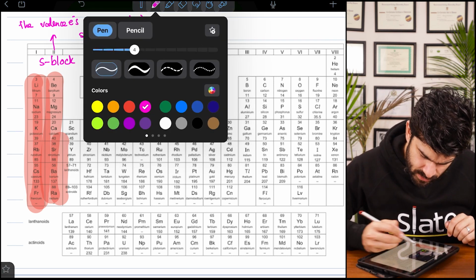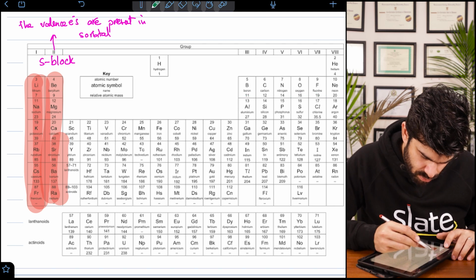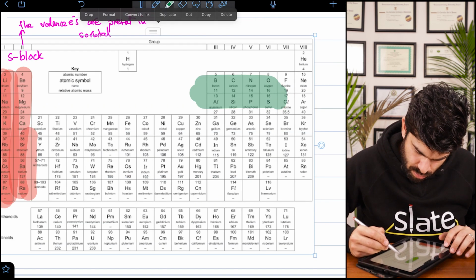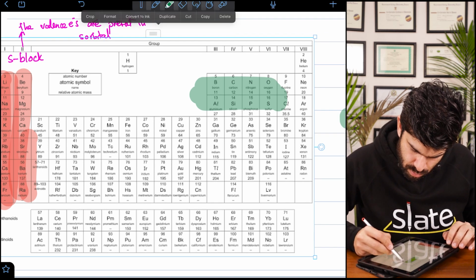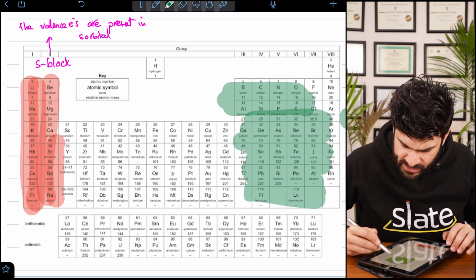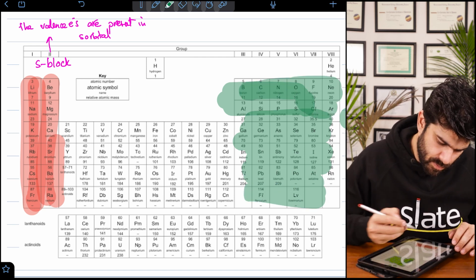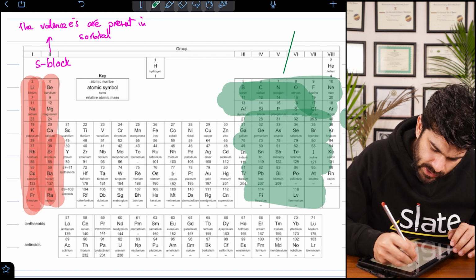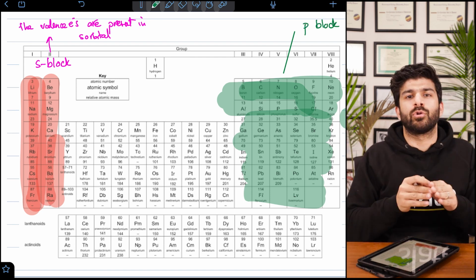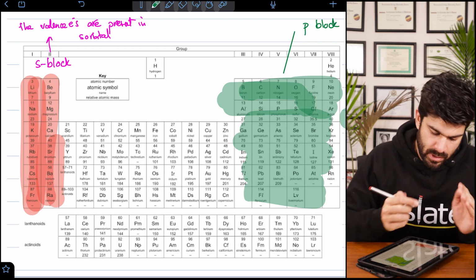Talking about these ones, all of these, they are p block elements. Their outermost electrons are in the p subshell.